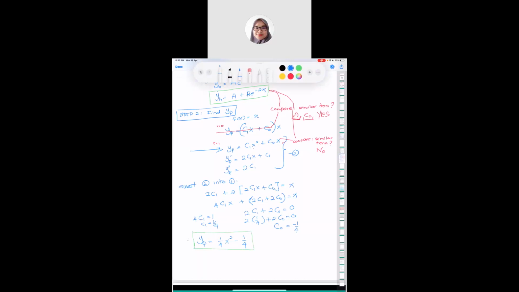Therefore, the solution is Y(x) equal to YH plus YP equal to A plus B e^-2x plus 1/4 x squared minus 1 over 4.